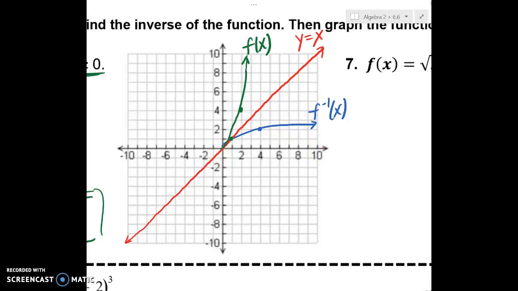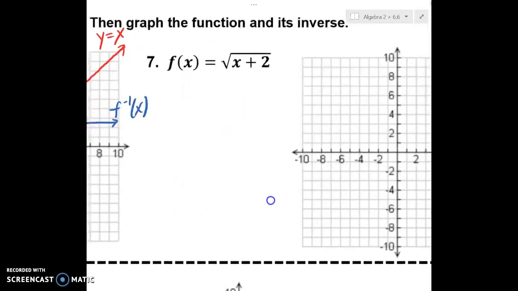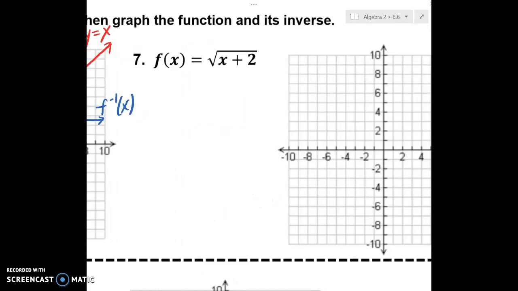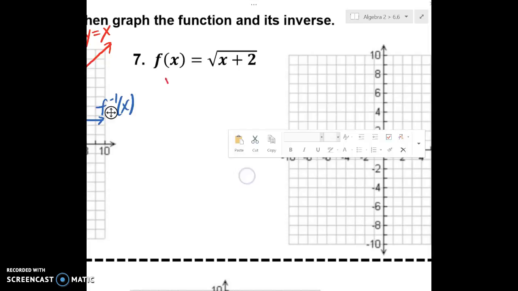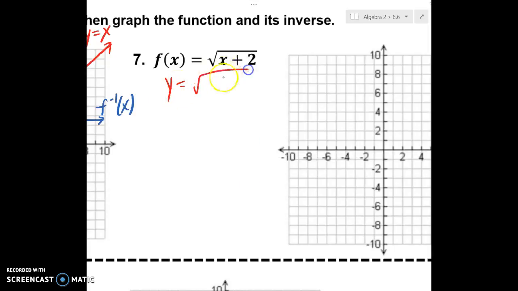Okay, now let's move on to number 7. So first thing we need to do is replace f of x with y. Now we switch the x and the y. Now we need to get y by itself. So we need to get rid of this square root. The opposite of square root is square.